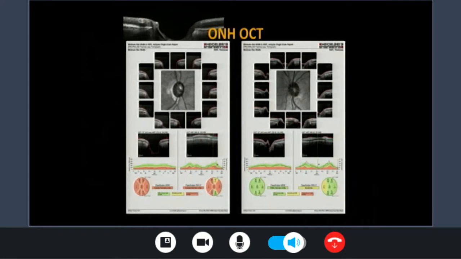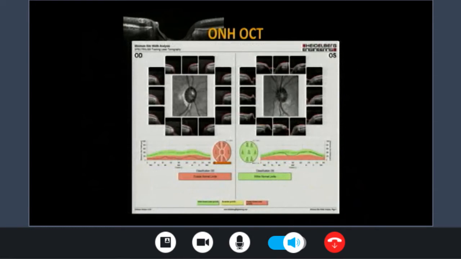That's the SD-OCT report of the patient, showing you the minimum rim width and the RNFL in the right eye, and completely normal parameters, except for a borderline in the left eye. That's the OCT again for the patient. Sometimes in the printout, you might have a message like this, in orange color.